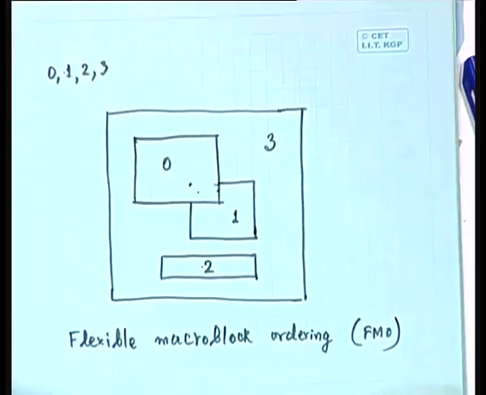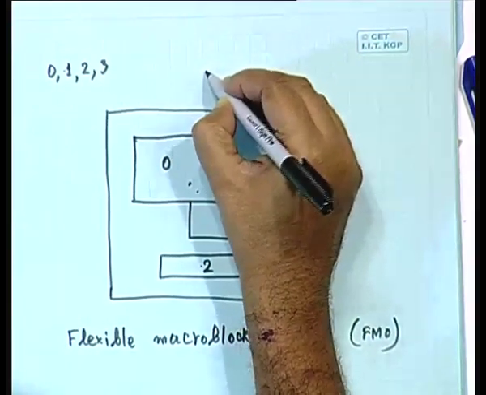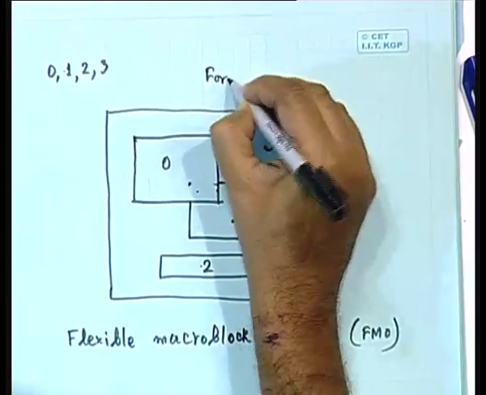The final standard refers to flexible macro block ordering as arbitrary slice ordering, ASO, but the basic concepts remain the same. I think these 3 different examples make it clear how one can form the slice group. This slice group formation is a typical case of foreground and background map.